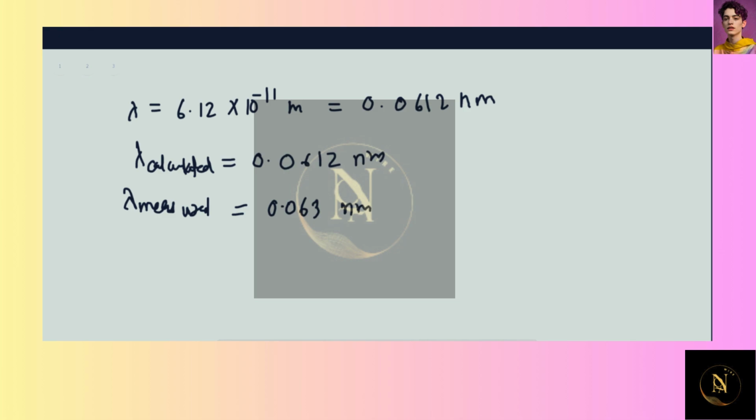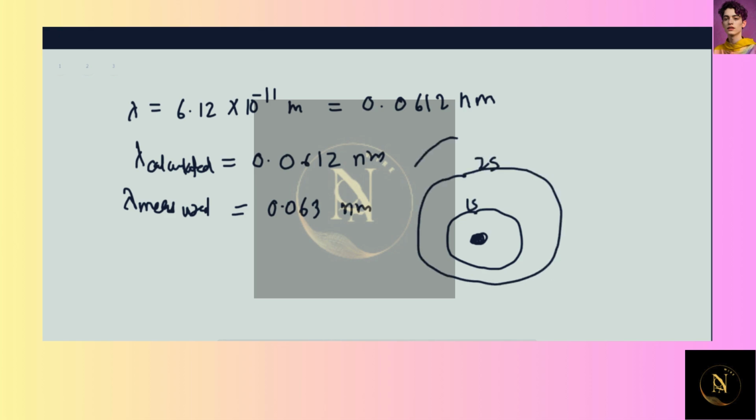The reason we did not expect perfect agreement is that we ignored the electron shielding. So basically we had this nucleus, then the 1s orbit, the 2s orbit, and then on the outside the 3s.